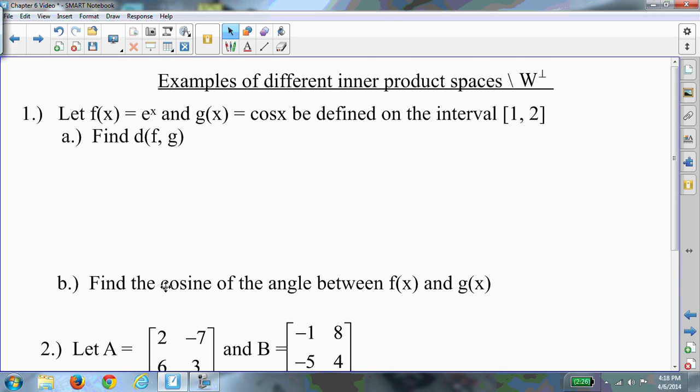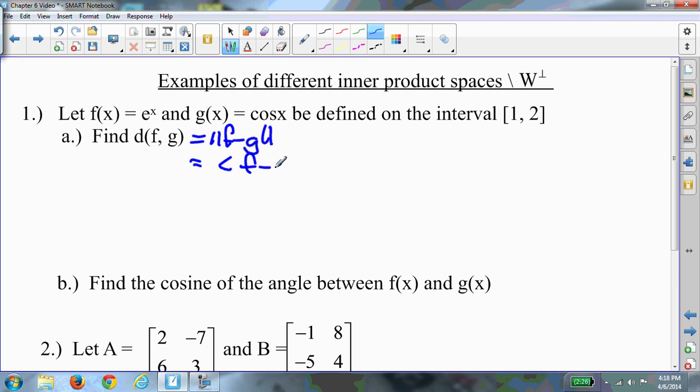So first of all, d of f comma g basically means the Euclidean distance between these two functions. And the Euclidean distance is defined as the magnitude of, in this case, f minus g. So magnitude is basically f minus g, inner product itself. But that's magnitude squared, so we're going to square root that.